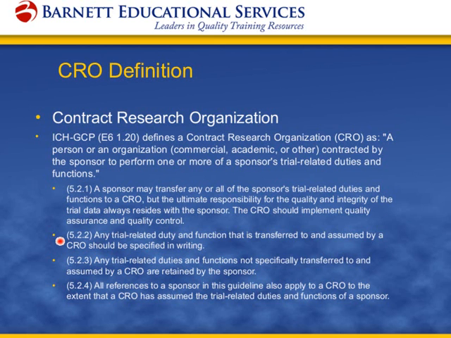Then the other piece of that is any trial-related duty and function that is transferred to and assumed by a CRO should be specified in writing. And again, this is an area where we can fall short by allowing, in our transfer of obligations, very bucket-type activity. For example, we may be delegating project management. But if we don't define specifically what goes into project management, we could end up with tasks that are overlooked or not handled appropriately.